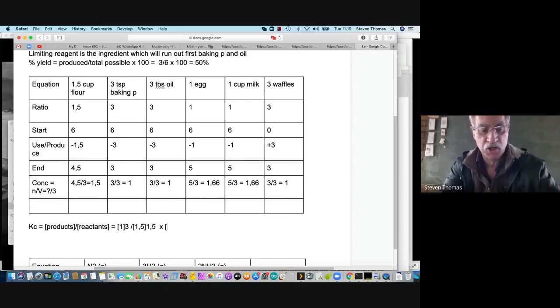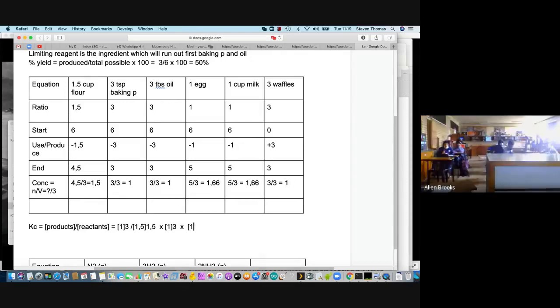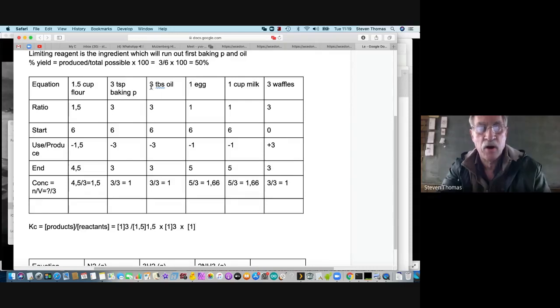Now you have to put it in square brackets, that means concentration. What is its coefficient in the formula? 3. So it's got to be raised to the power of 3. Times, what's the oil concentration? 1, raised to the power of 3. Now we come to our eggs.